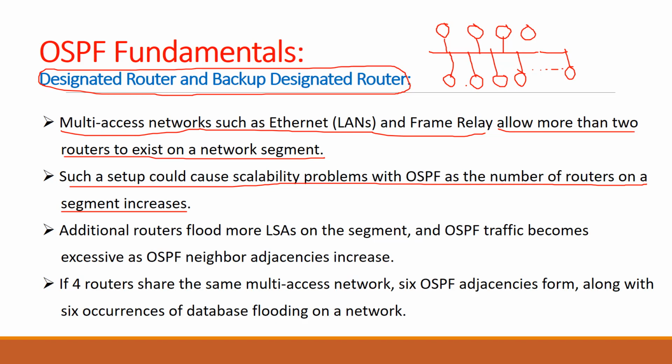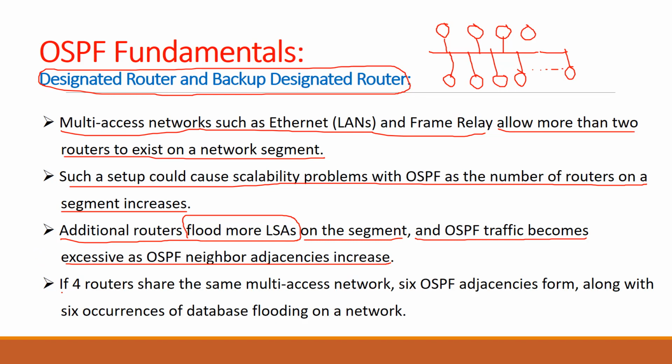In case the number of routers on a segment increases, OSPF will have scalability problems. Why? Because additional routers flood more LSAs, or link state advertisements, on the segment, and OSPF traffic becomes excessive as OSPF neighbor adjacencies increase.